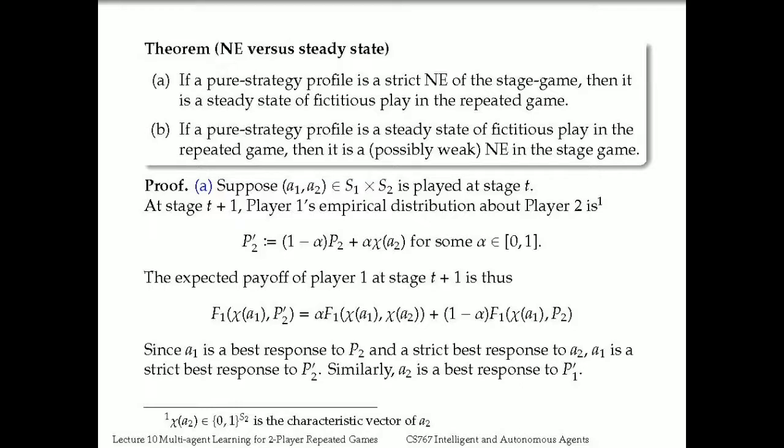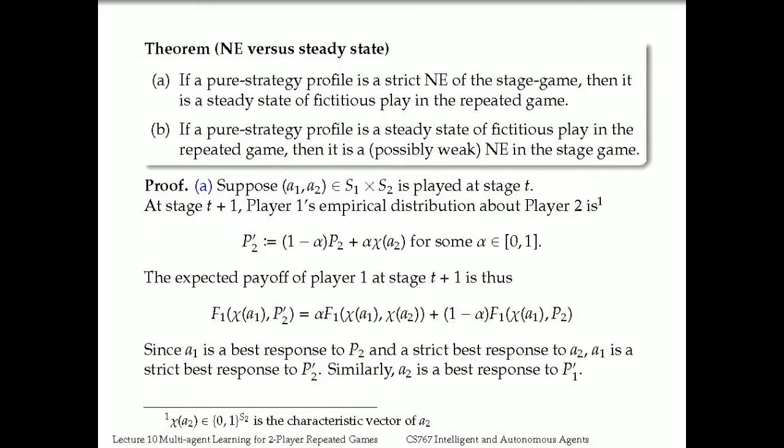So how do you update P2 to P2 prime, right? What you do is you just change the counting scheme. Because in the T-th stage, player 2 chooses the action A2, we need to increment 1 on the weight of A2, right?